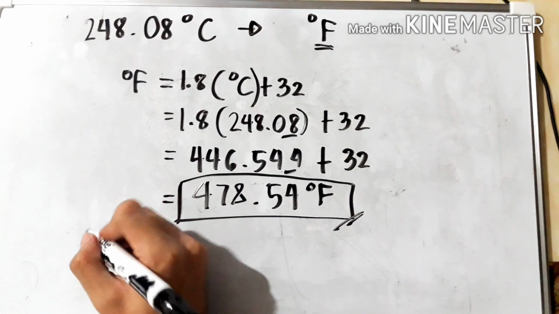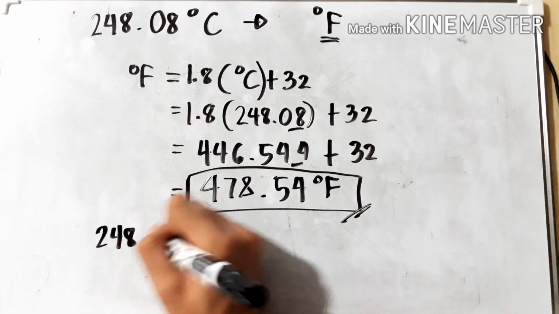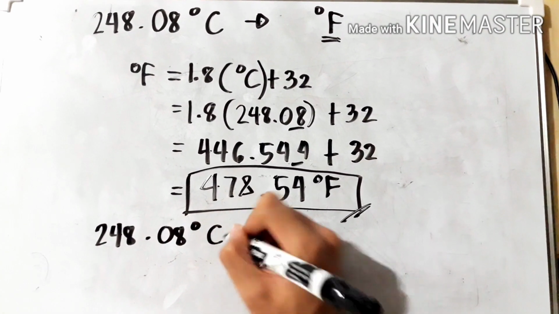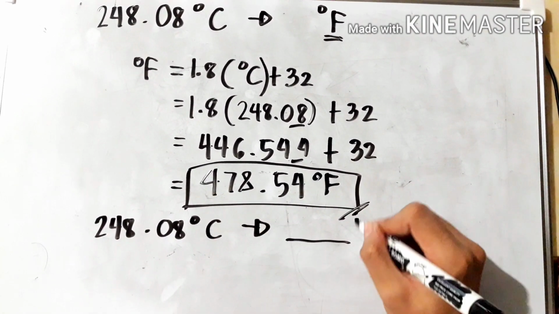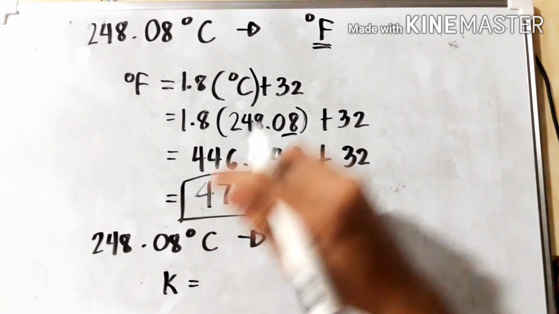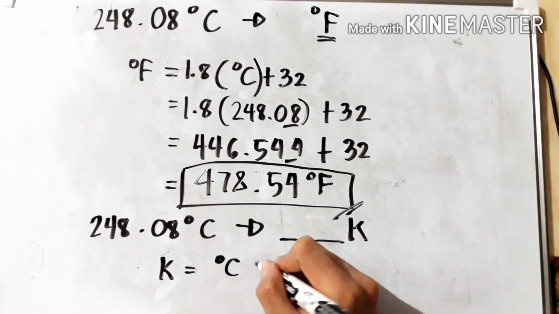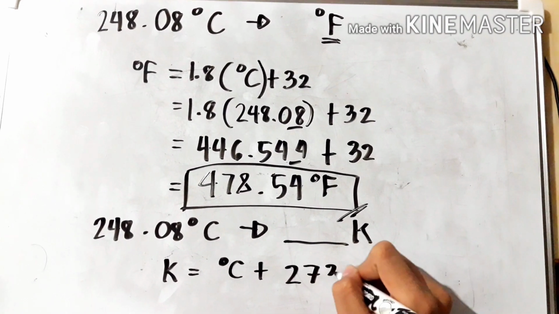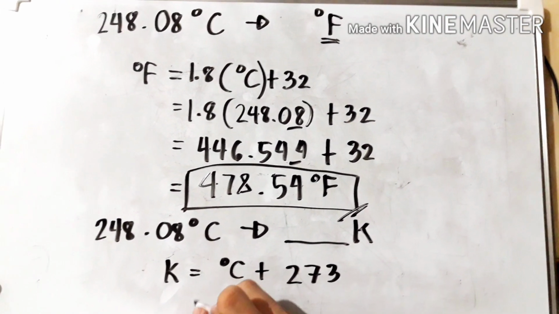Then halimbawa, 248.08 degree Celsius, we will convert it into Kelvin. So, diba ang formula is Kelvin is equal to degree Celsius plus 273. Constant din po si 273.